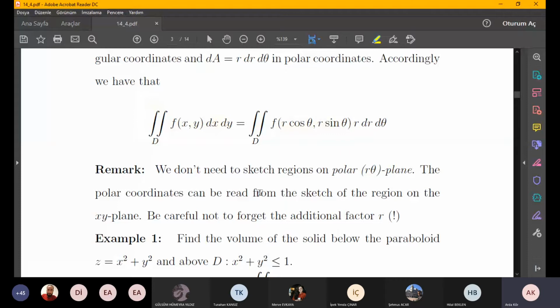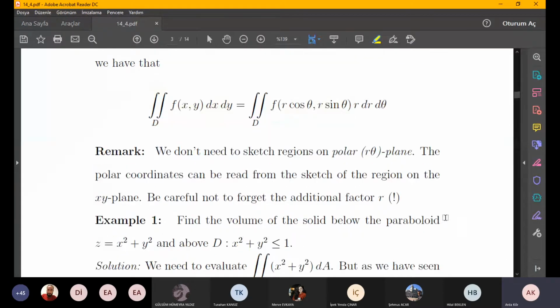Of course, we don't need to sketch all the regions that we integrate our function over on the r theta plane. The polar coordinates can be read from the sketch of the region on the xy plane.